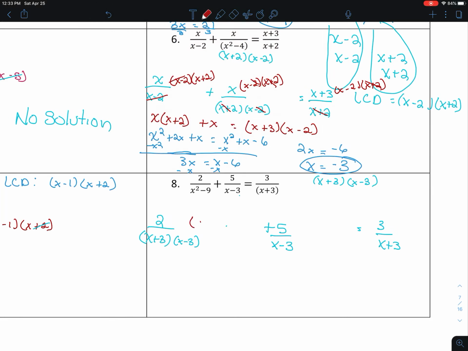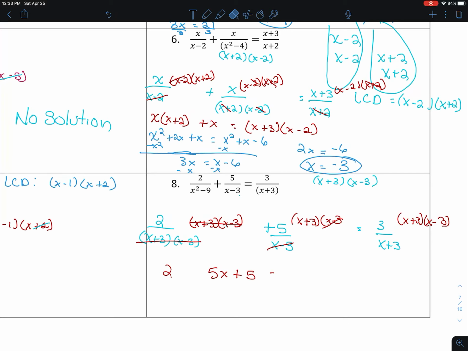And multiplying by my least common denominator, I get x plus 3, x minus 3 on each term. We can start a little dance there. Both of those cancel, so I'm left with 2. That cancels, so I am left with 5x plus 15.